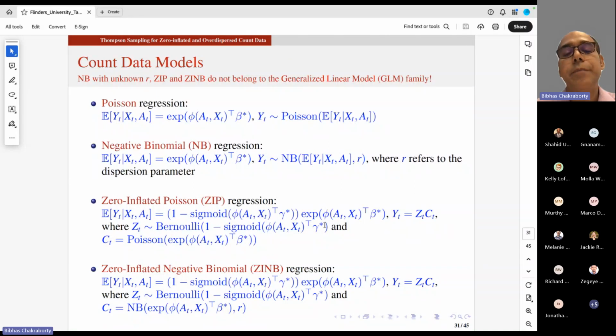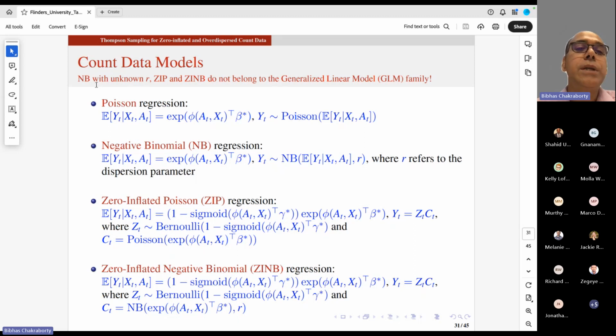As many of you may be familiar, there are various count models in the statistics literature: Poisson, negative binomial, zero inflated Poisson, and zero inflated negative binomial. I will not go through the equations, but this is just for displaying the different models.